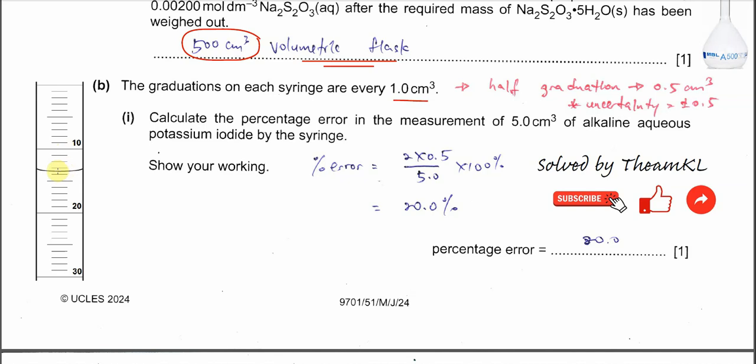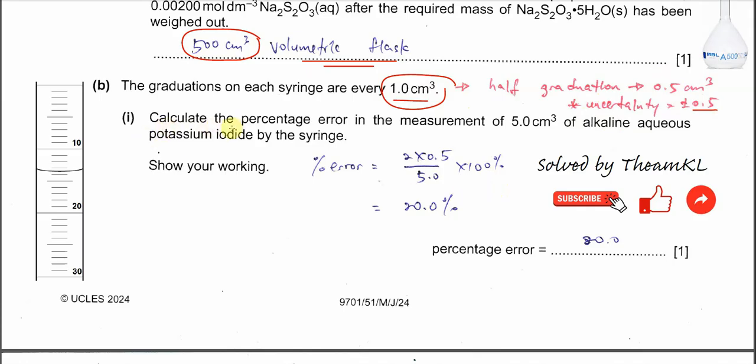So the uncertainty for this syringe will be plus minus 0.5. That's how we get these uncertainties. Now part 1. If we know the uncertainties from the graduation given, and we get this plus minus 0.5, we can do the calculations.